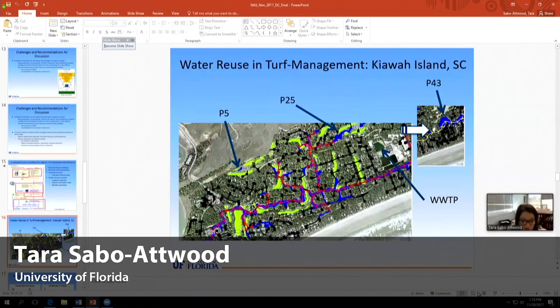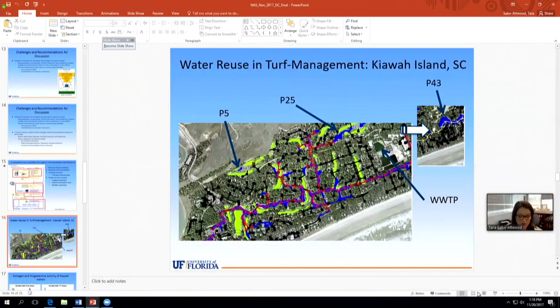Runoff from the greens goes into these retention ponds, and then these ponds are connected through an underground network of culverts that eventually make their way to the ocean. This map shows several sampling sites, pond 25, pond 5, and pond 43, which served as our reference point since it didn't receive turf runoff or irrigation from the wastewater.